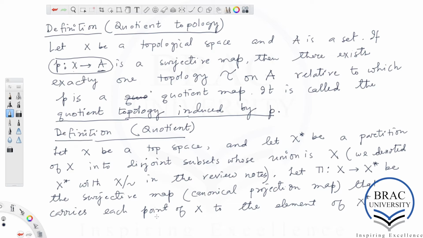By an element of X star, we mean a subset of X. So pi is the surjective map that carries each point of X to the element of X star containing it. This is what pi is achieving.